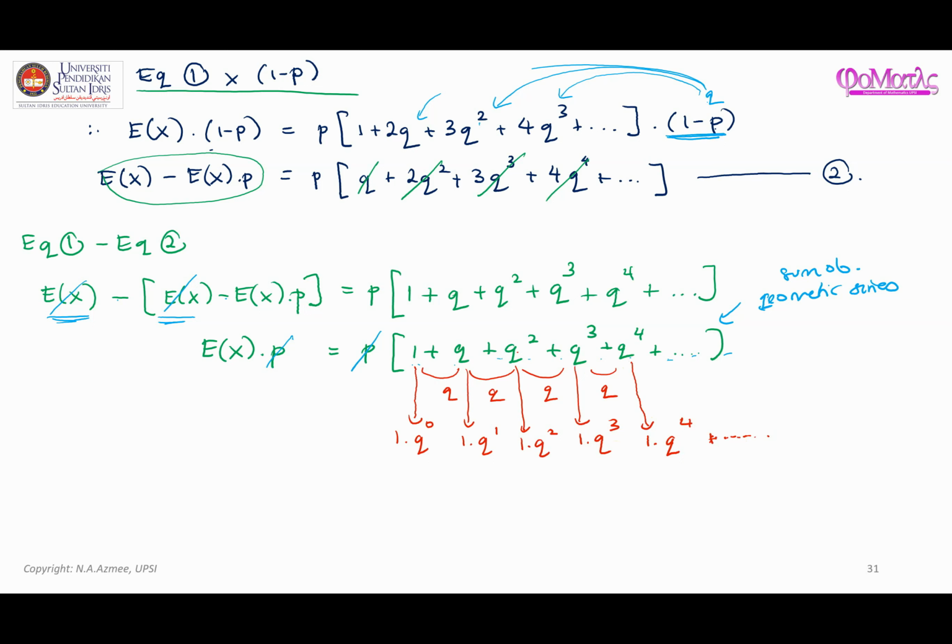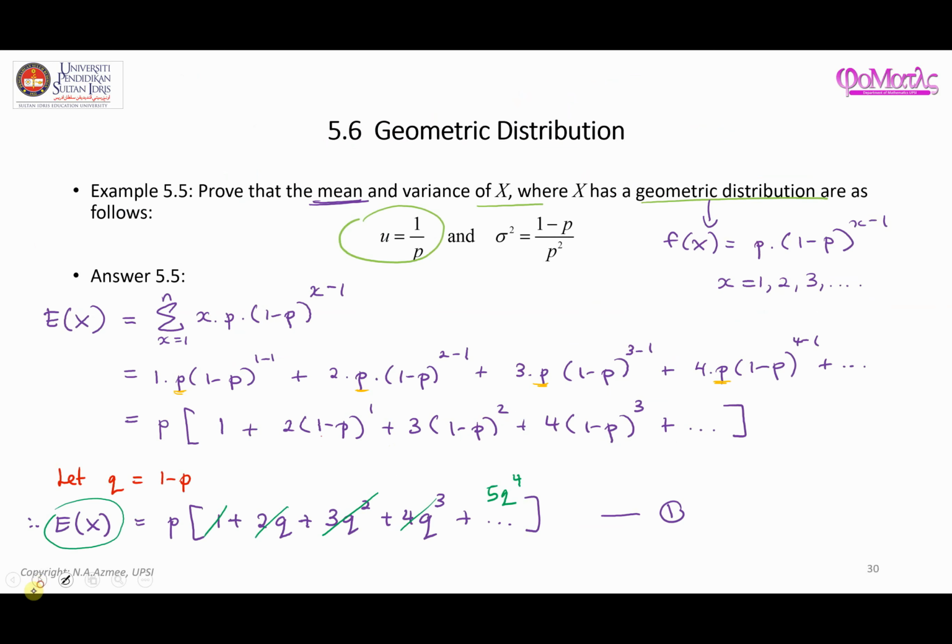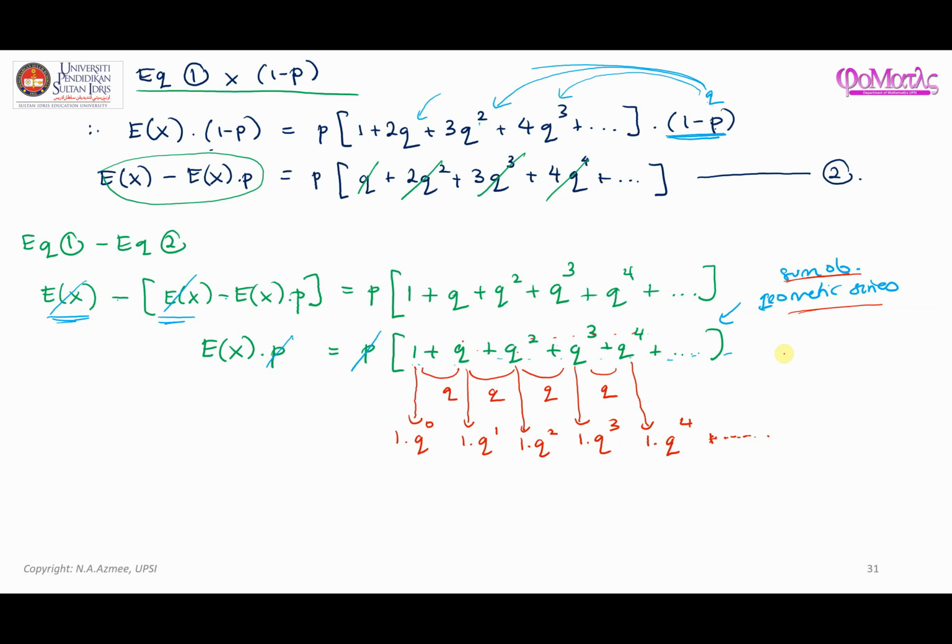So we can see clearly that these numbers form a geometric series, and we are summing up all these numbers. According to the result I have shown you here, to find the sum of a geometric series we can use this formula, provided that our ratio has to be less than 1. In this case, our ratio is the value of q.